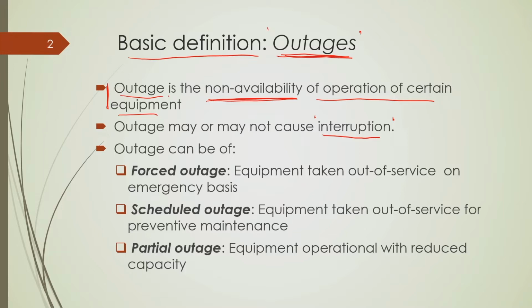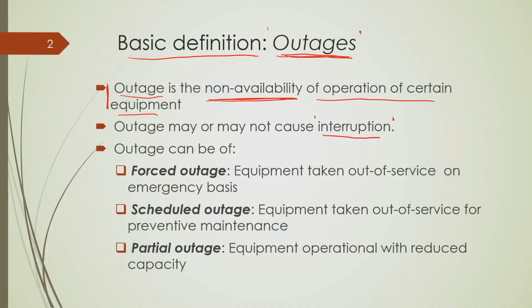This is a common term that practicing engineers follow. If you visit any power plant or any distribution substation, they often say that this particular equipment, this particular breaker, is in outage, and it needs maintenance.